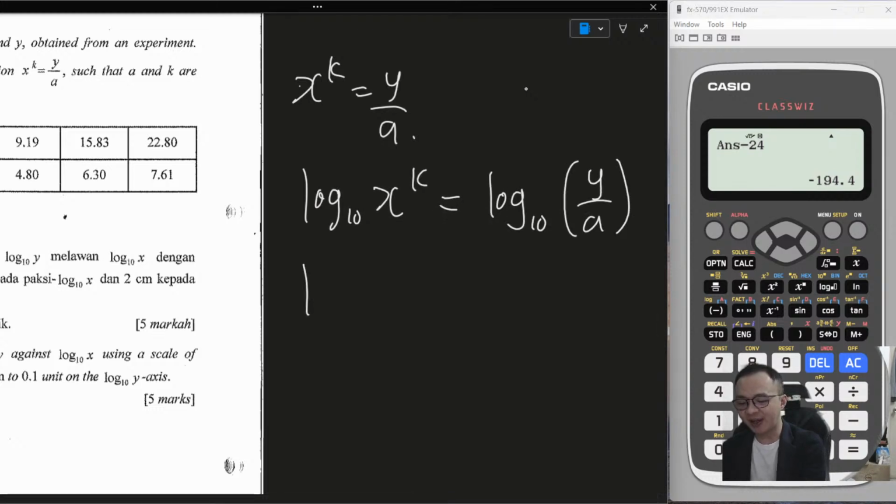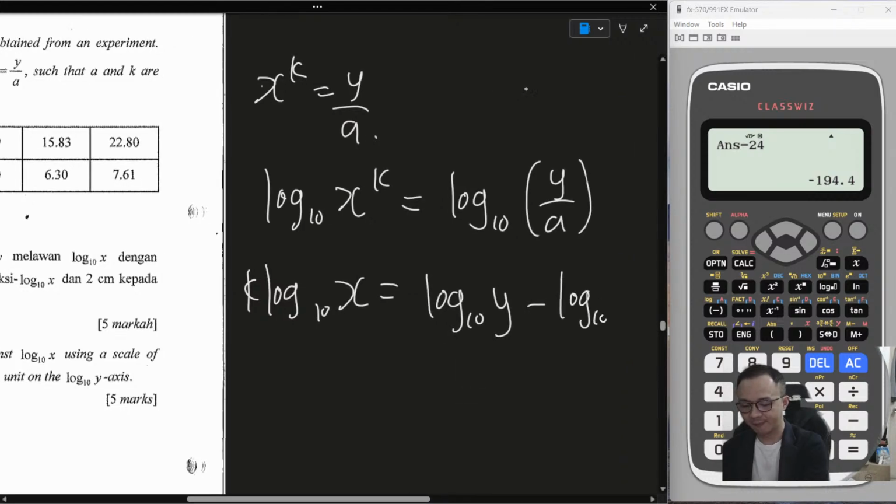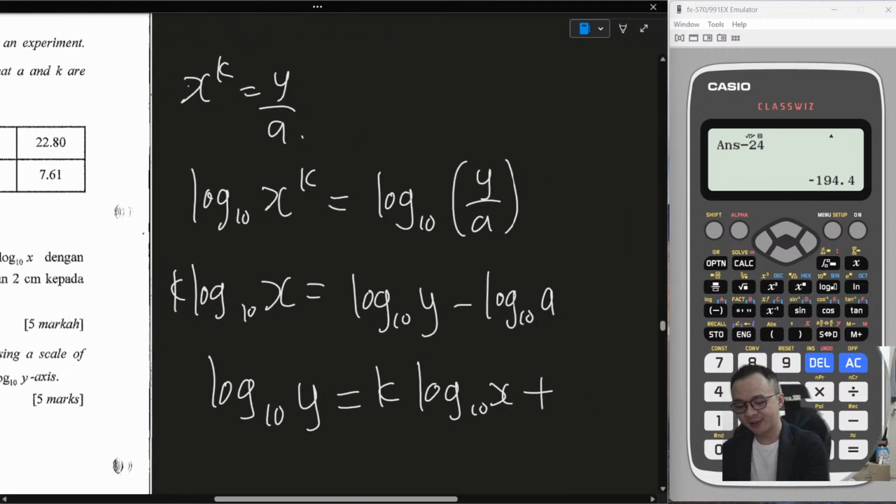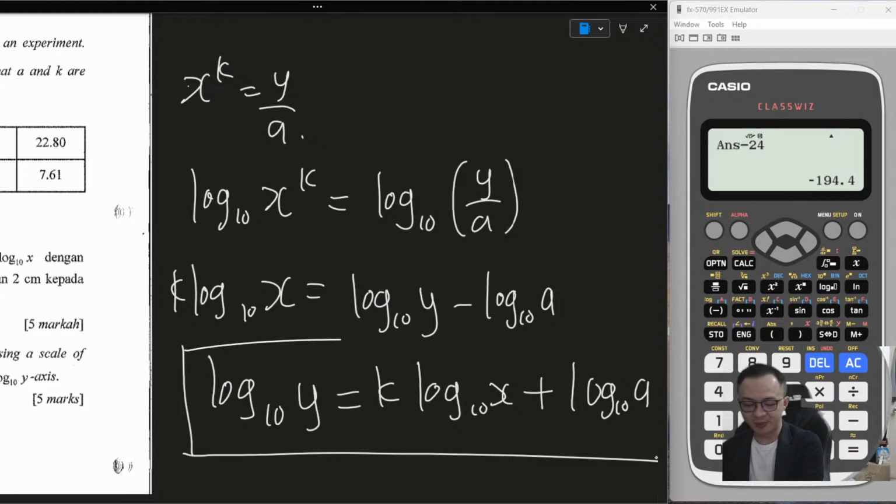Remember, this is divide. The k, I can throw to the front using the log rule. Divide will become minus. So therefore, my y equals mx plus c. Done. Okay, this is y equals mx plus c.